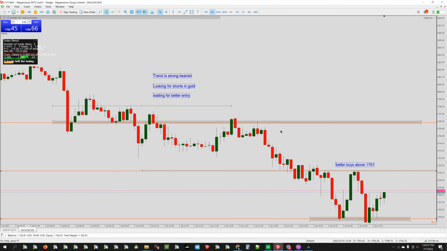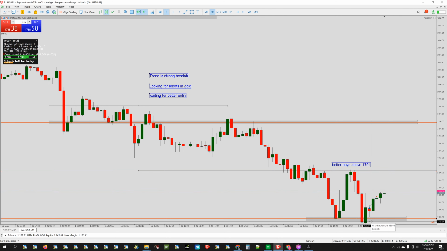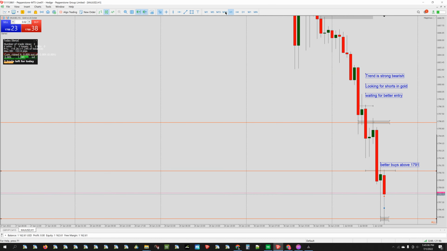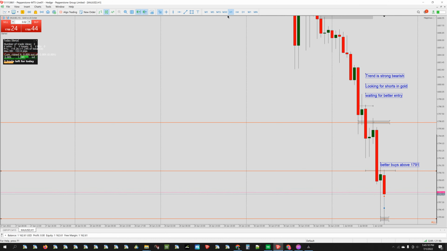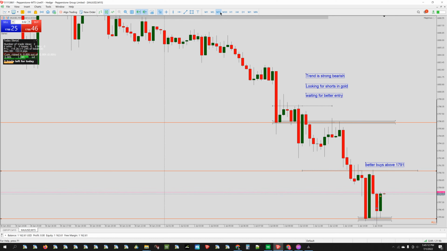On the other hand, for shorts we need to break below the 1785 area, we need to close below that area so that we can keep pushing down, but there is very high probability that in the next, I would say half an hour or in the next hour, we can keep pushing up.